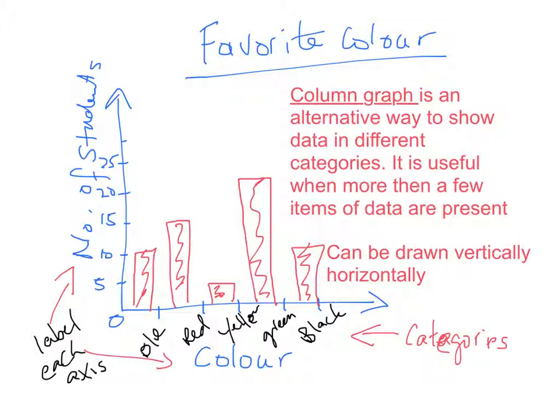Okay, so that can be drawn, column graphs can be drawn vertically or horizontally. So right now we have a horizontal graph. You can turn it on its side and it'll be vertically. You can turn it on its side and it'll be horizontally.